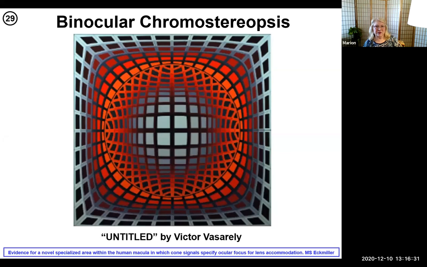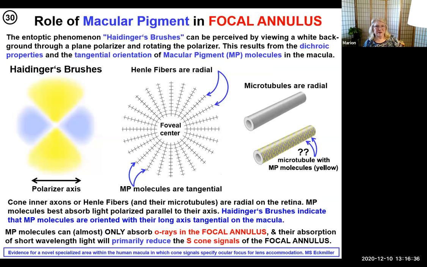People don't totally understand how it happens, but this is, I believe, related to how our eyes perceive depth and also how the focal annulus functions. We can also describe the role of macular pigment in the focal annulus.